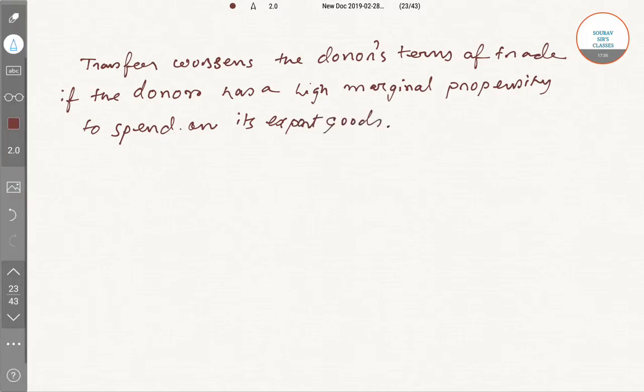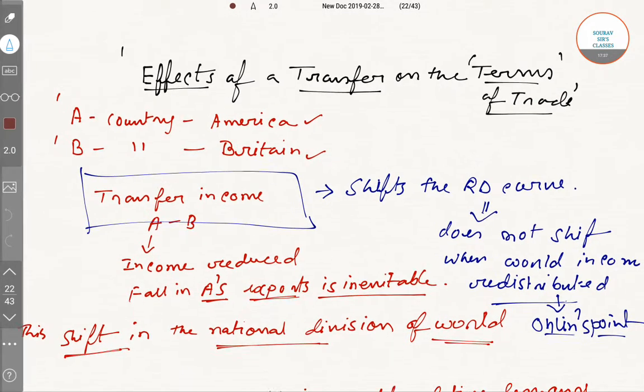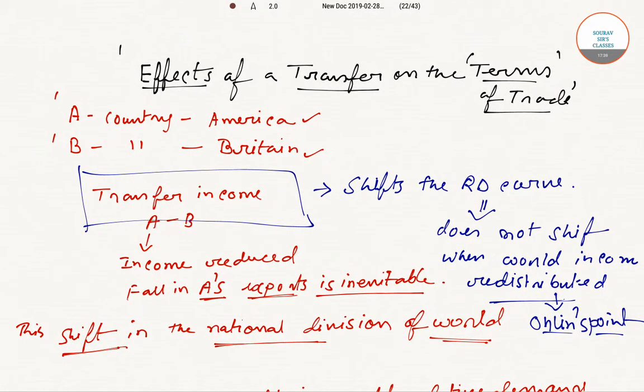So now we'll do a quick review of what we have done. We are investigating the effects of transfer on terms of trade.